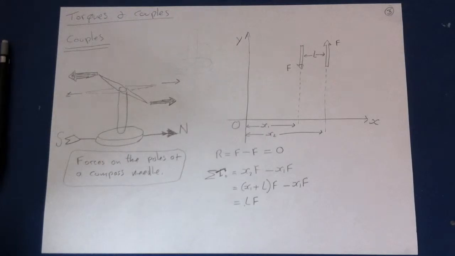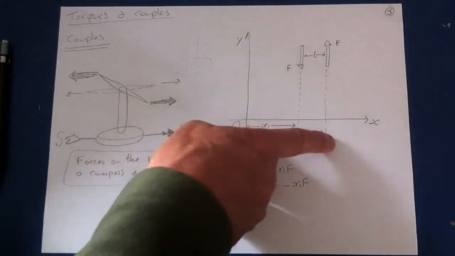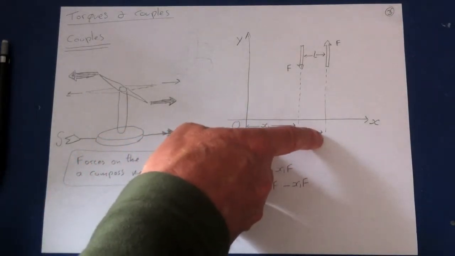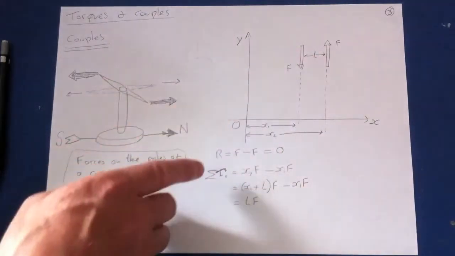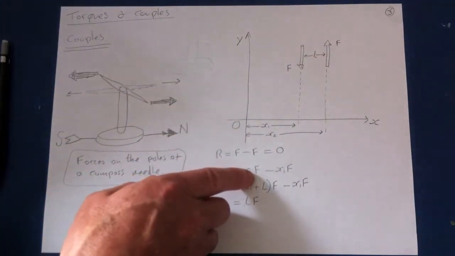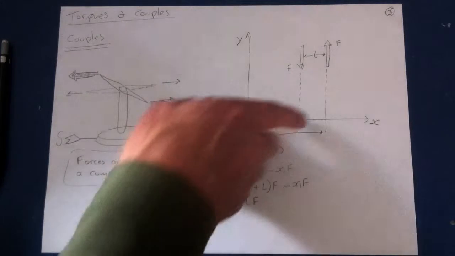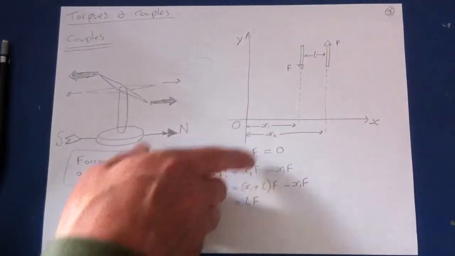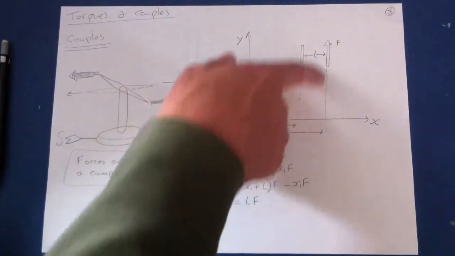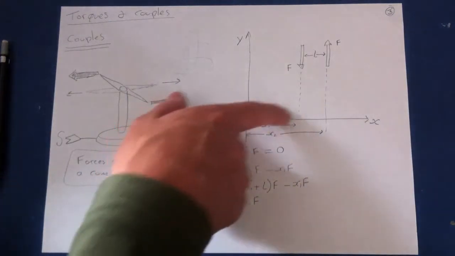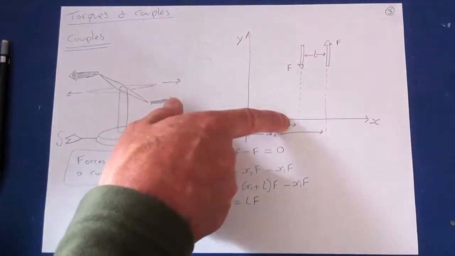The resultant torque of the couple in this diagram, about an arbitrary point O, is x2 times F. That's the distance x2 times F, minus x1 times F, because it's in the opposite direction.